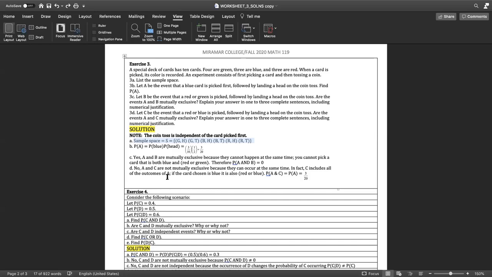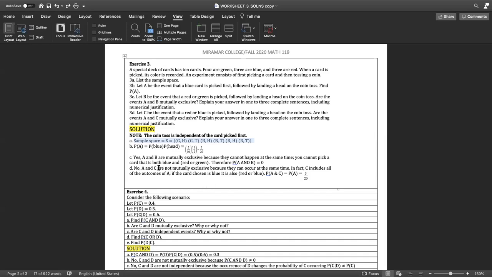Now, let's suppose that you do pick a blue card, all right, first. And now let's ask, what's the probability of picking a blue card or a red card, a blue card or a red card, all right?